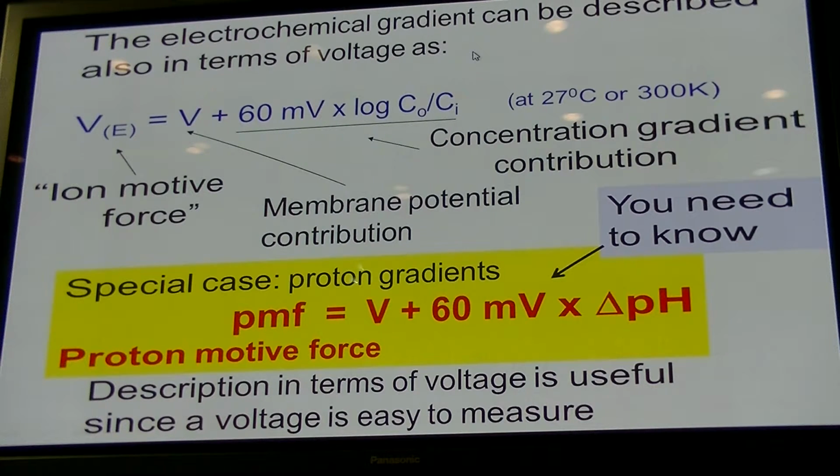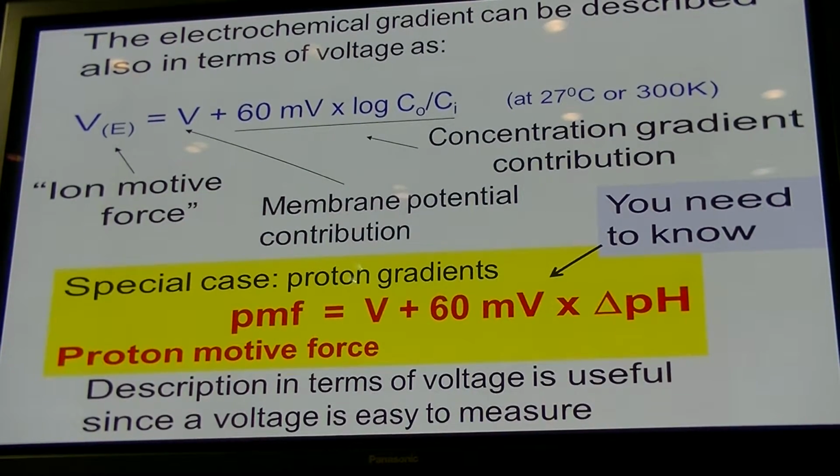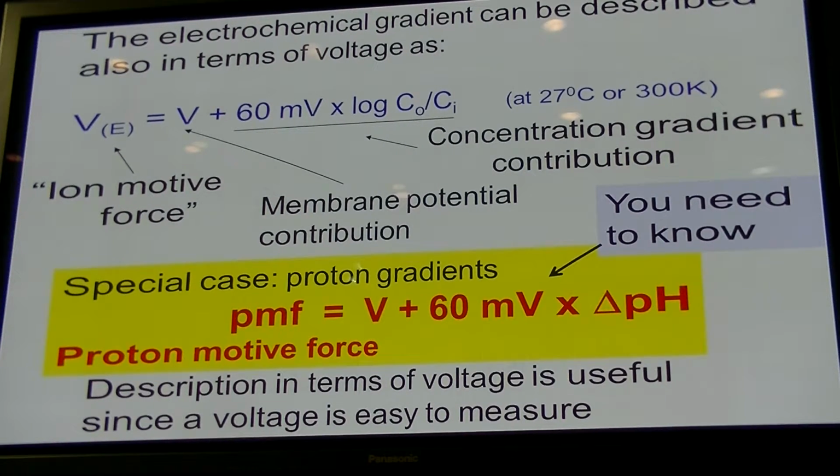Now, it's nice to think about energy, but it's very difficult to measure energy. In fact, almost impossible to measure energy directly, because energy really is the capacity to do work, and the capacity to do work is not easily quantified or measured directly. However, since we have delta G equals Z times Faraday constant times membrane potential voltage, you can express everything in terms of a membrane potential by dividing by Z and the Faraday constant.